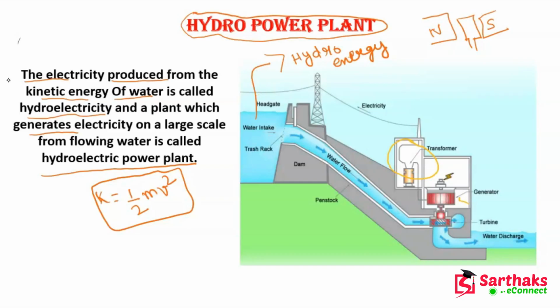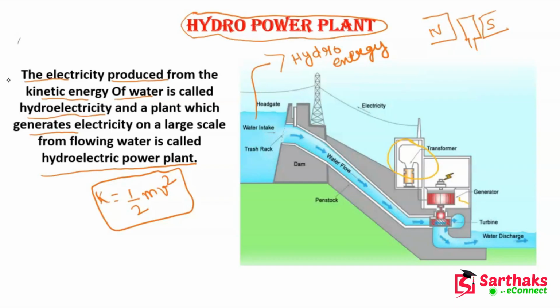This water has potential energy because it is at some height, and it is not moving, so it doesn't have kinetic energy, but it has potential energy. But when you release the water, it comes down with some speed, so it has kinetic energy.